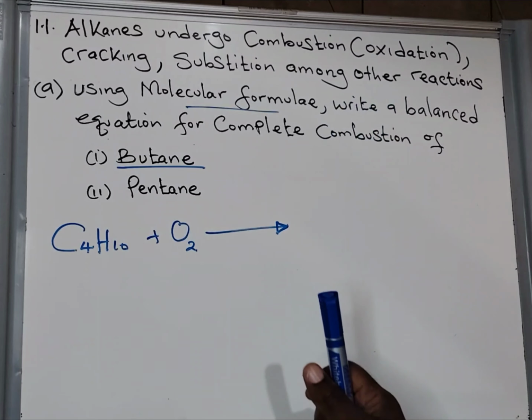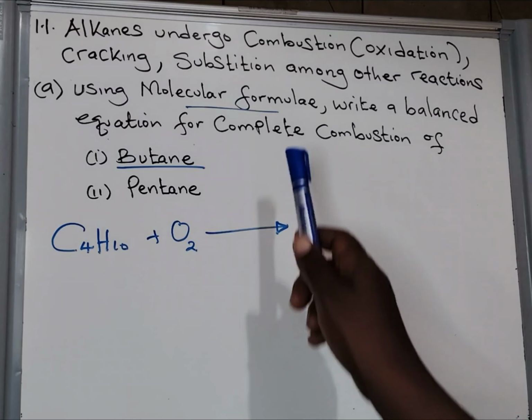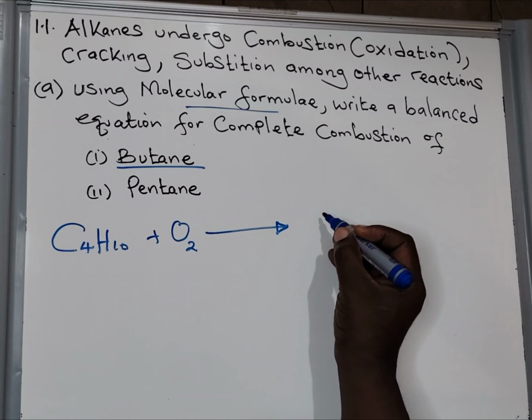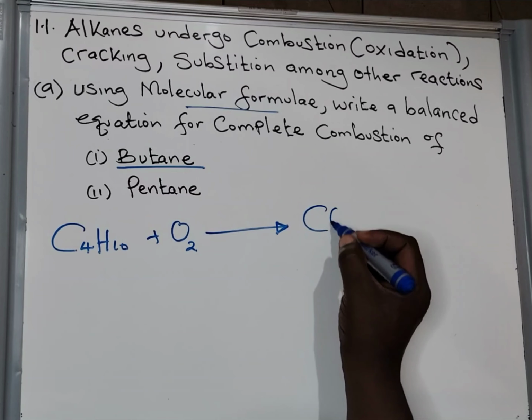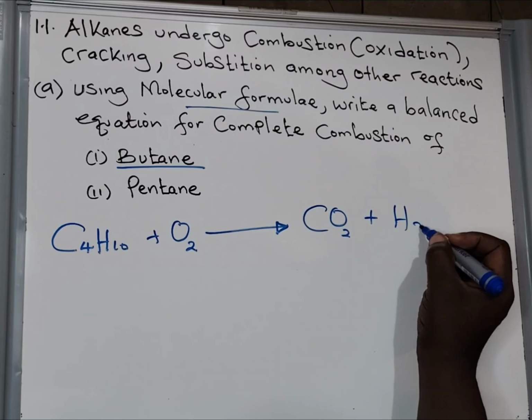For complete combustion, the products are carbon dioxide and water, while for incomplete combustion, it is carbon monoxide and water. But the question says complete combustion, so the products are clearly known. It's going to be carbon dioxide and water.